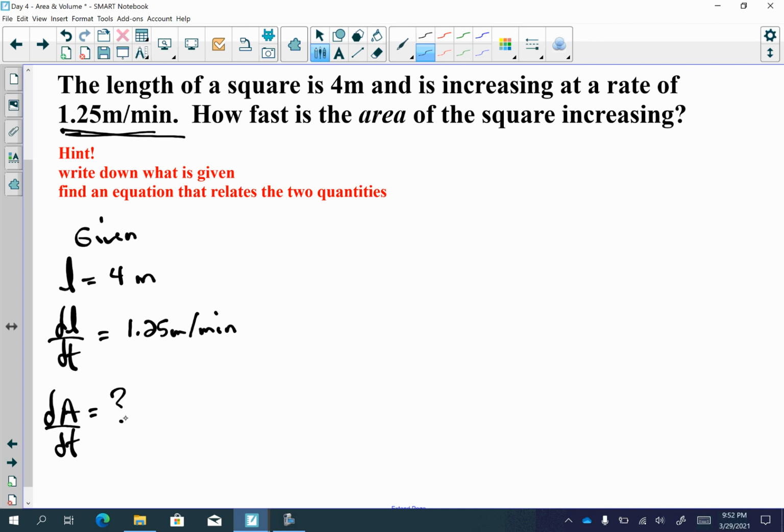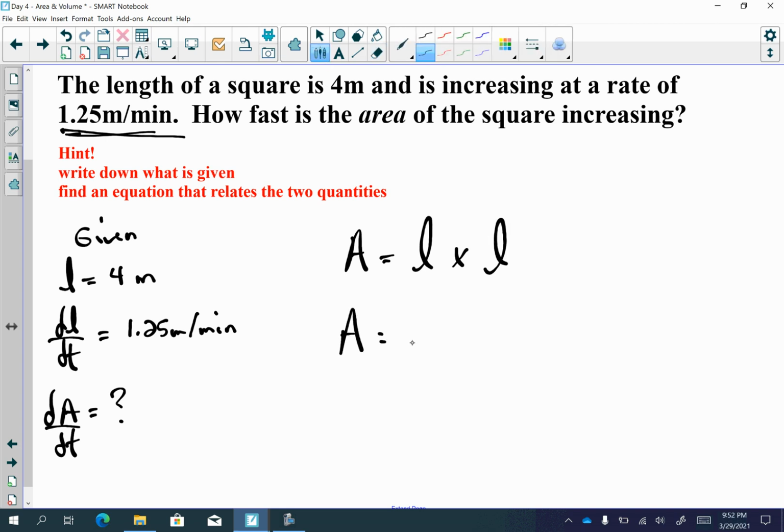I've got to figure out a formula that relates the length of a square to its area. Well, that's pretty simple. It's just the area of a square. A lot of times you'd say the area of a rectangle is length times width. When it's a square, both length and width are the same.